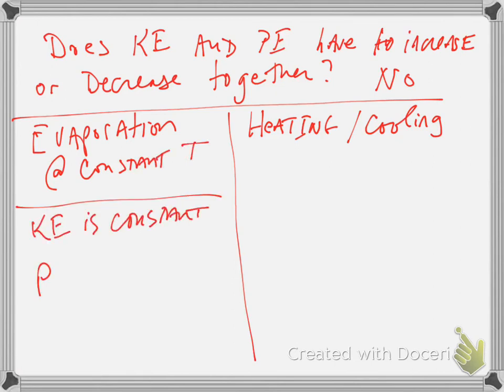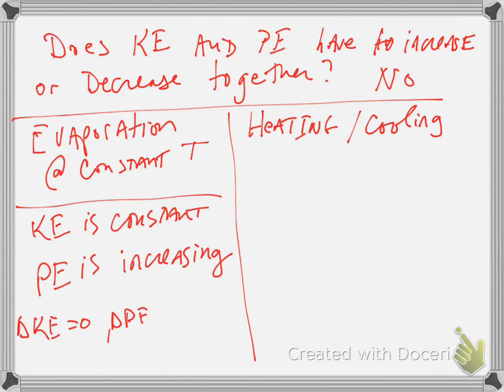Evaporation at constant temperature, kinetic energy is constant, but the potential energy is increasing. So that's a very different scenario. They're not increasing or decreasing at the same time. So that would be an incorrect total statement that kinetic energy and potential energy have to increase together.